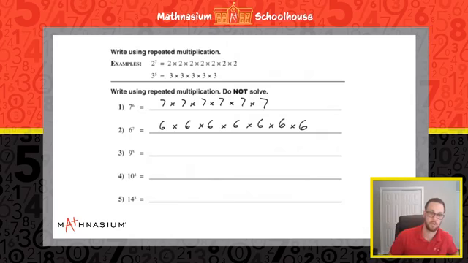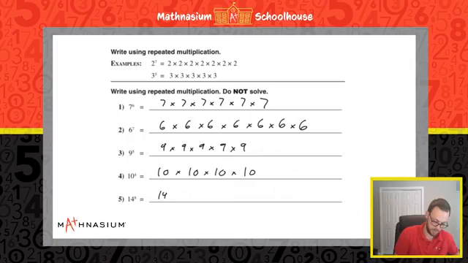So what would that make number 3? Very good. 9 times 9 times 9 times 9 times 9. Good job. So number 4 is 10 times itself 4 times.